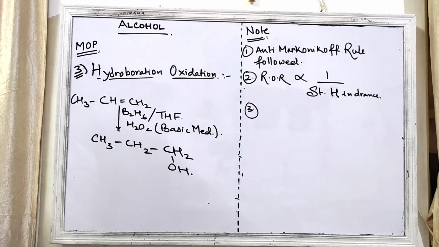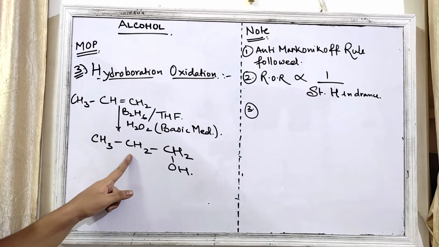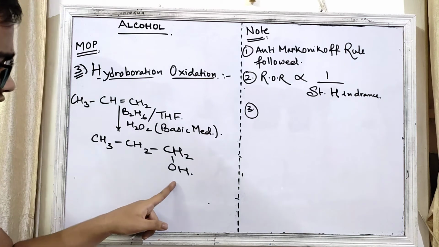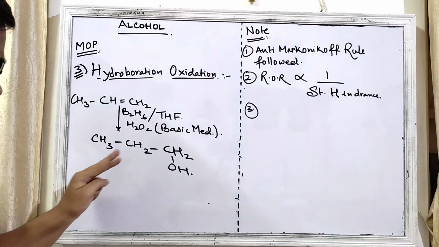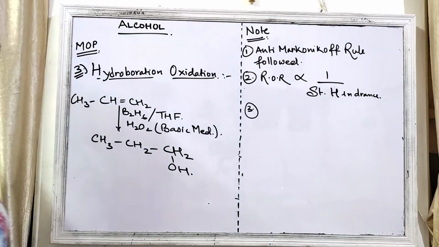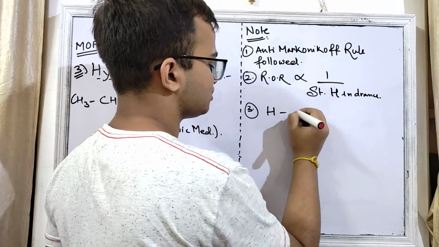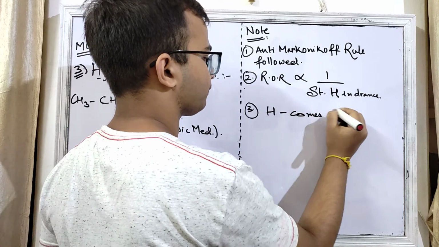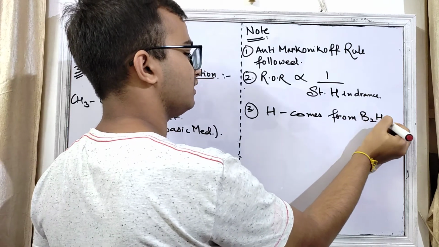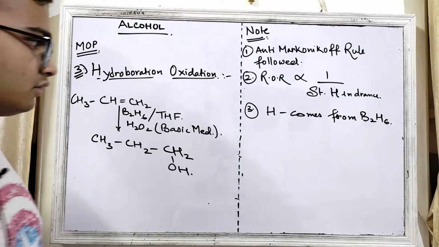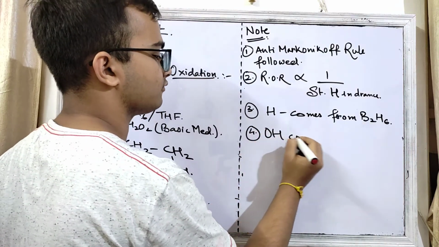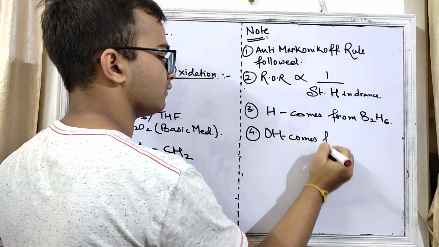Now see here, H is being added over here and the OH is being added over here. The question may come, from where is this H coming? The H is coming from the B2H6. You can write here, H comes from B2H6. Clear? Now the last point, where does the OH come from?